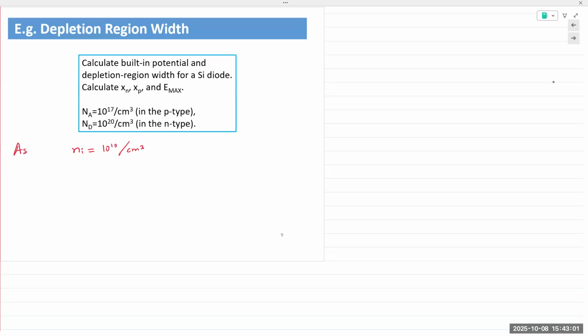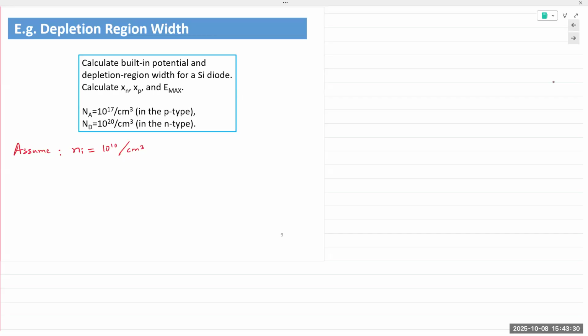So the point here is, if it's given in the problem statement, great. If it's not given, we assume. So let's just assume 10^10. Now, thermal voltage is not given to us. We can calculate it. But in several of the examples, the book either uses 25 or it uses 25.86.